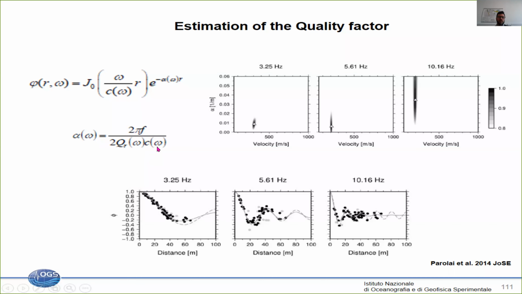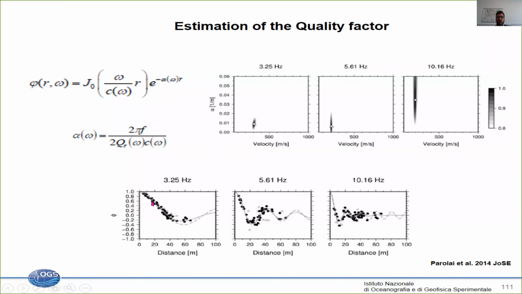The phase velocity from the dispersion curve, we can obtain it as well as the alpha coefficient, then in a sort of grid search procedure, which is modified with respect to the original approach.